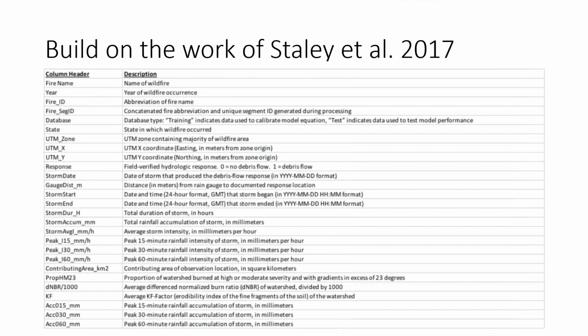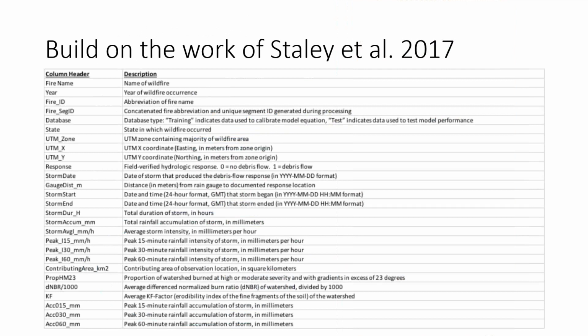So Dennis has painstakingly put together a database of over 1,500 observations of areas where there was rainfall and then there was some response. I'm just going to walk you through some of the general items that he has in this table. There are basic things like the fire name, the year the fire happened.